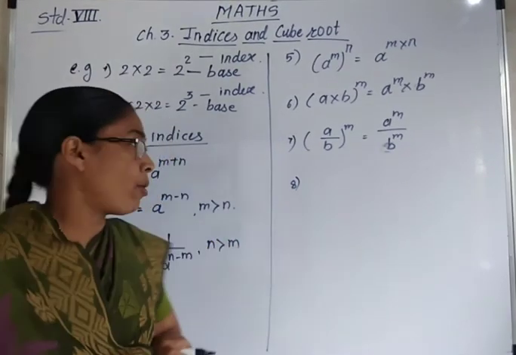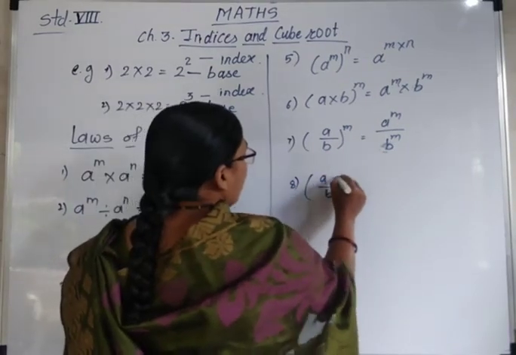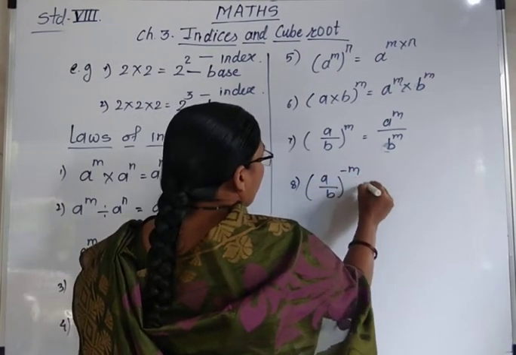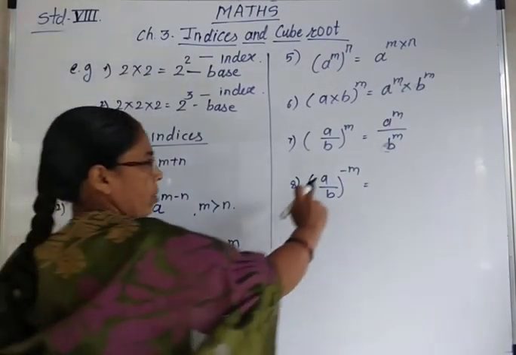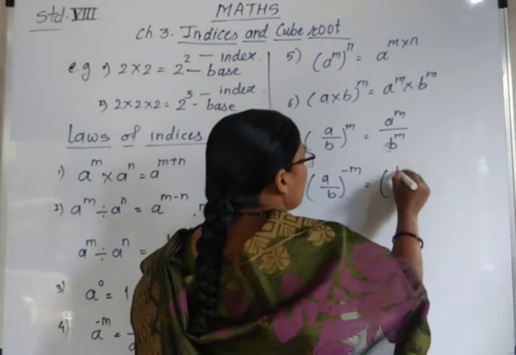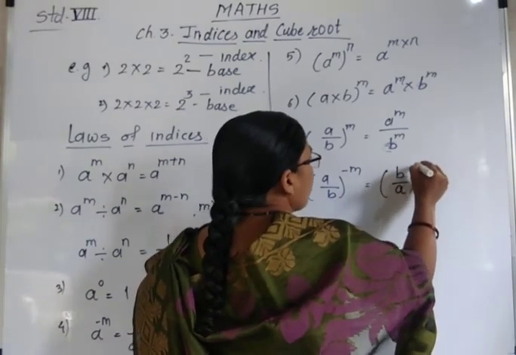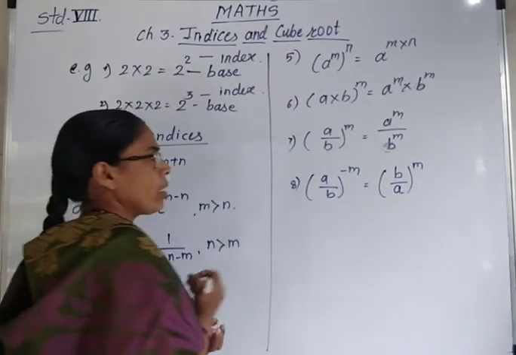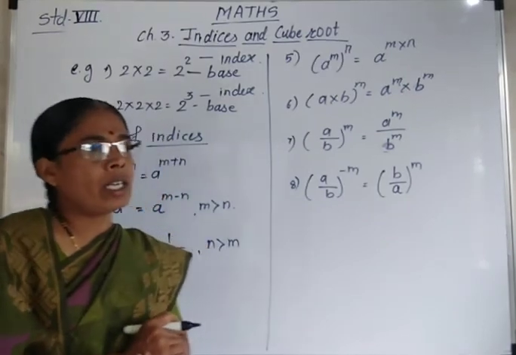When a upon b is raised to minus m, the index is negative, so we can write it in this form making the index positive, b upon a raised to m, because the denominator we have taken in the numerator and the numerator we have taken in the denominator.